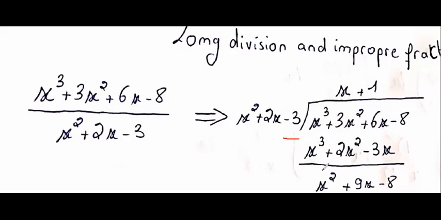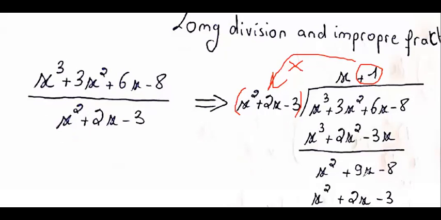Then again, I take the first term from the right, I divide it by the first term from the left, so x squared divided by x squared, it's a plus 1, so I get plus 1 here. I multiply x squared plus 2x minus 3 by plus 1, and I would get x squared plus 2x minus 3.